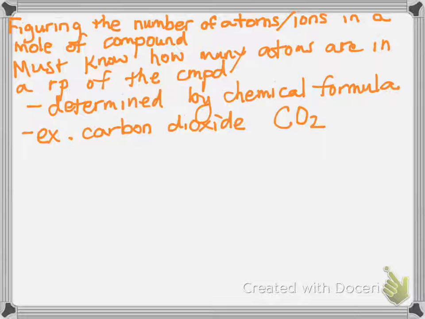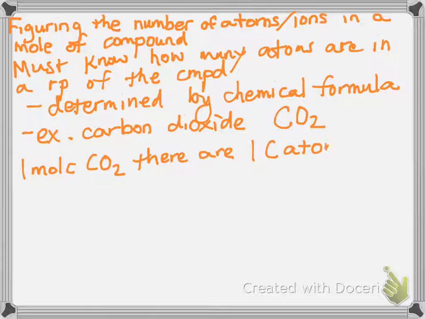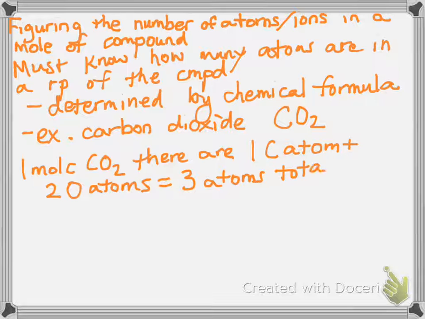Now, we know that in 1 molecule of CO2, there are 1 carbon atom plus 2 oxygen atoms, giving me 3 atoms in total. Okay, hopefully everybody's okay with that.